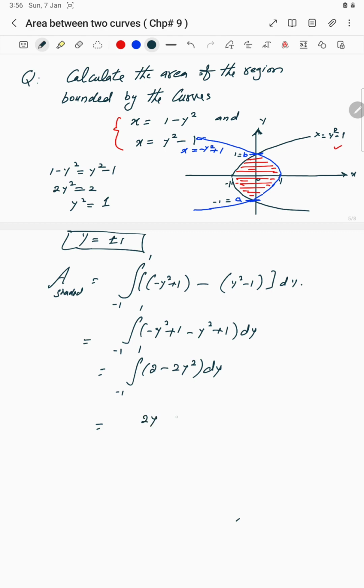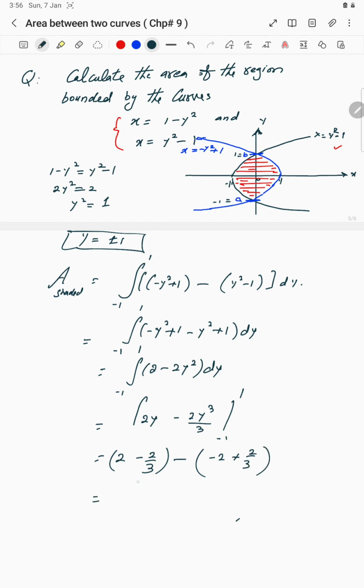We get 2y minus 2y cube by 3, and the limits are minus 1 till 1. Upper limit 2 minus 2 by 3, minus lower limit minus 2 plus 2 by 3.